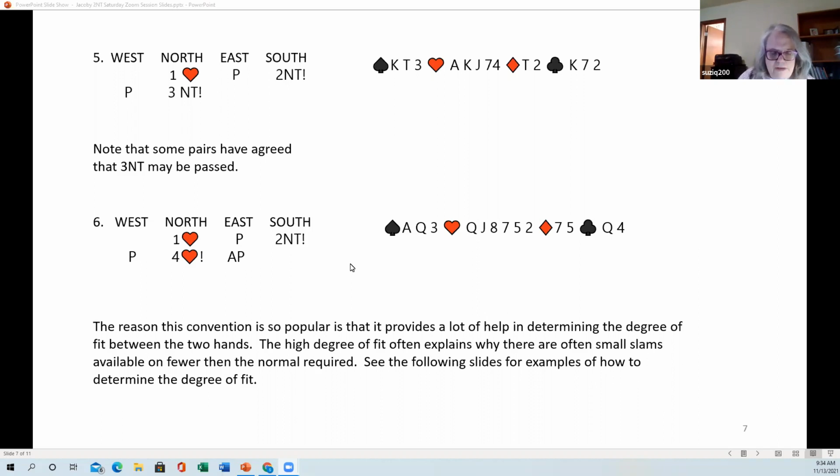That's part of what you need in order to be able to determine whether you want to stop at game or go on to slam. We all know instances where the reason they made 6 is because each one has a singleton. But unless you play splinters by opener, many times you're never going to be able to show shortness in the opener's hand. You have to bid all around the shortness to be able to show it.